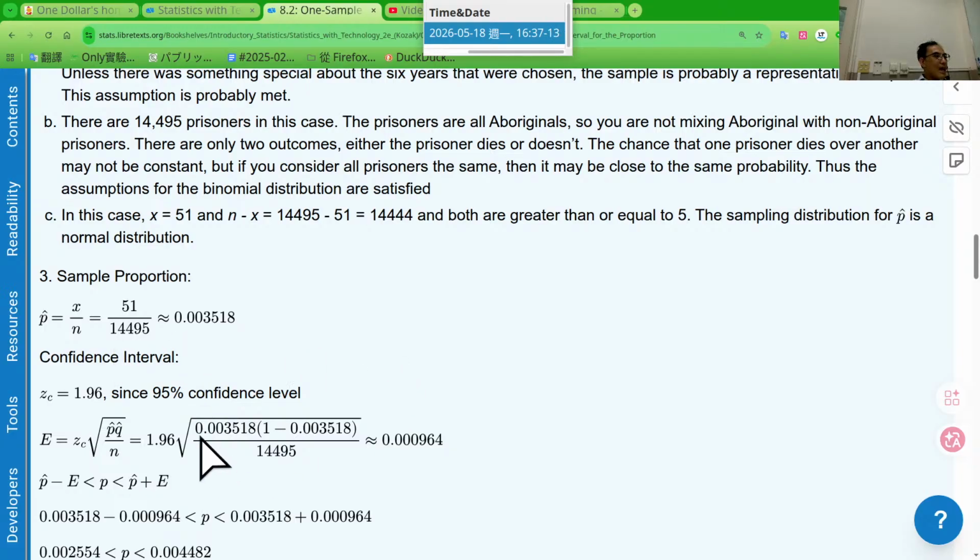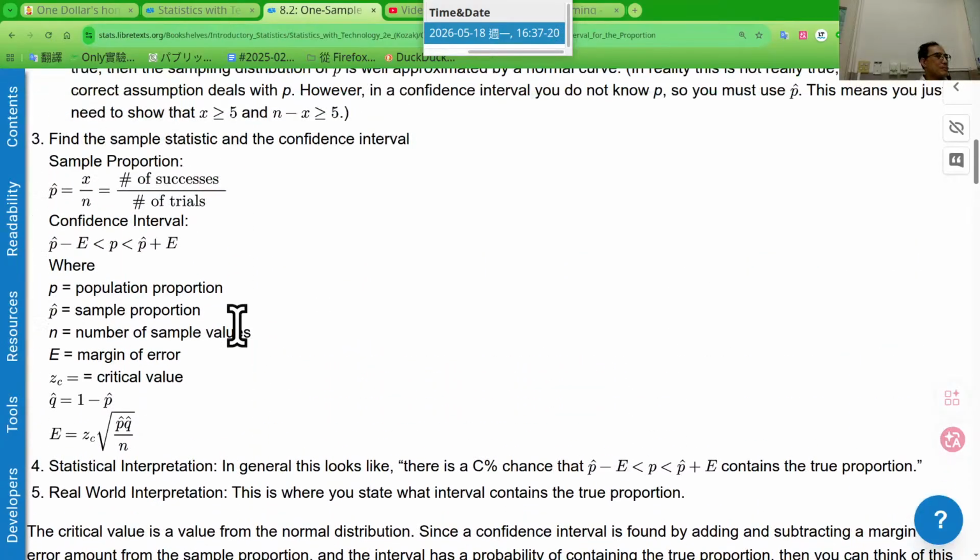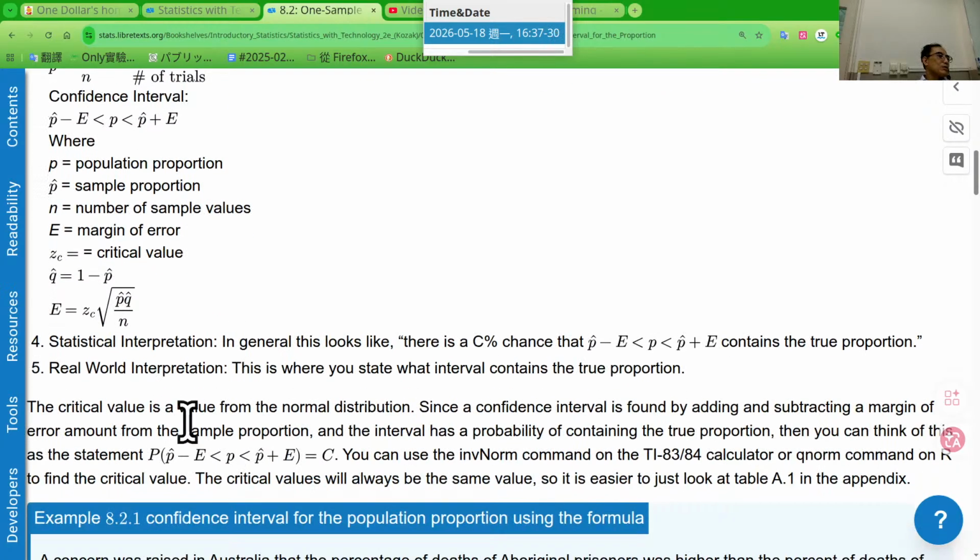That is close to 0.003518. For the confidence interval, if you forgot the formula, we can review it here. The formula is p hat minus E, p hat plus E, but E is a little bit of trouble to calculate.